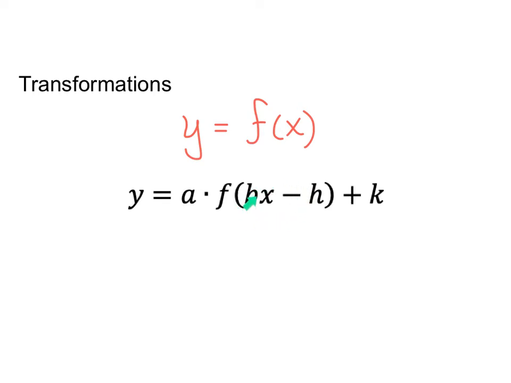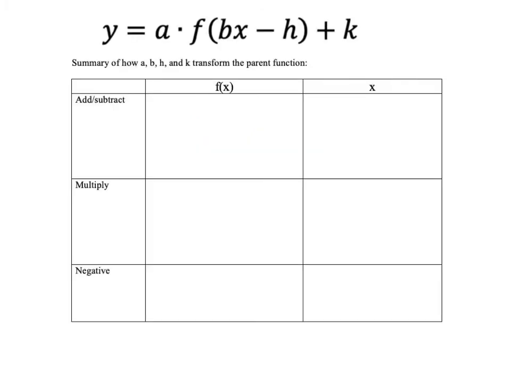So you're either multiplying or adding and subtracting from your x value. We call these b and h, and they're going to change your graph in a certain way. A and k here off in the ends affect your y value, and they will both control the graph in a different manner. So let's look at what they do.